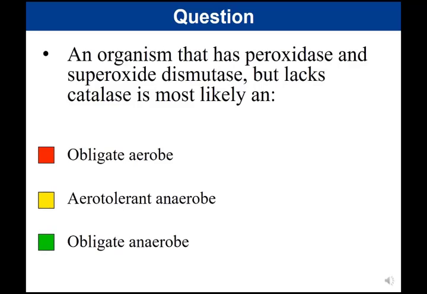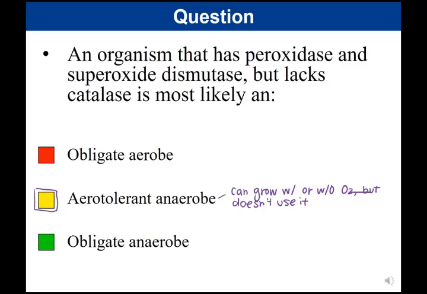If you said aerotolerant anaerobe, you would be correct because this is an organism that can grow with or without O2, but doesn't use it.